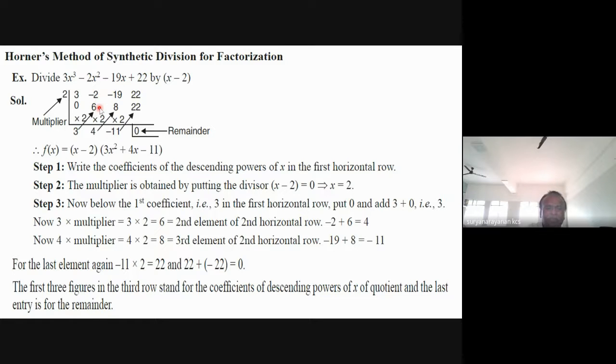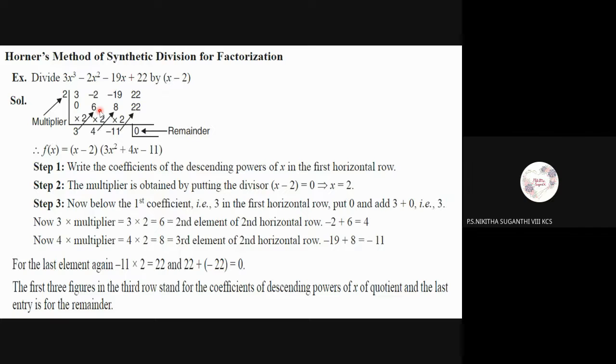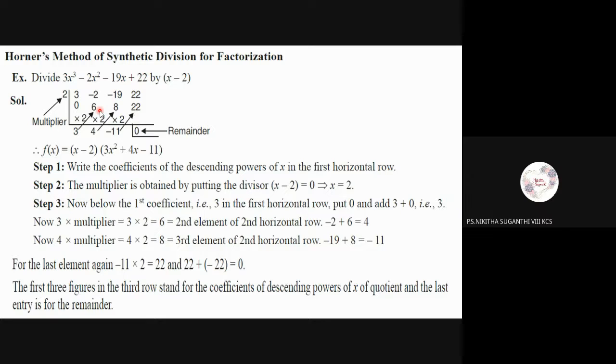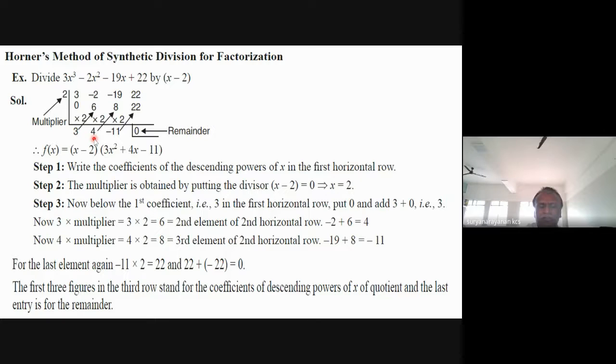Minus 2, just below that number we write 6. Now simplify these two numbers, minus 2 plus 6. What will you get? So 4. So here we got 4.